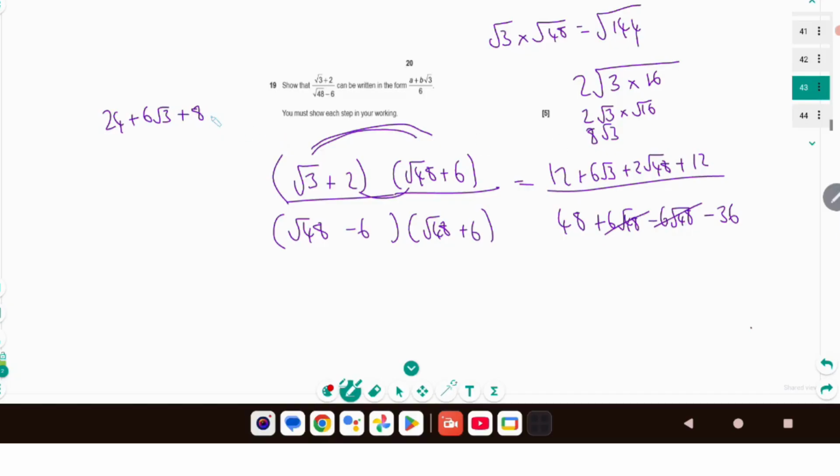So plus 8 root 3, which simplifies to 24 plus 14 root 3. On the bottom, the denominator, 48 take away 36 is 12. Now we can divide through everything here by 2, which gives us 12 plus 7 root 3 all over 6.